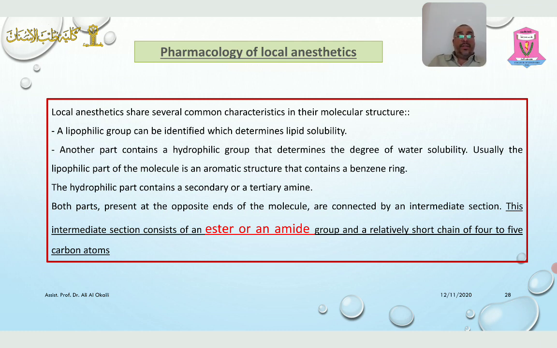Both parts present at the opposite ends of the molecule and are connected by an intermediate section. This intermediate section consists of an ester or an amide group, and a relatively short chain of 4 to 5 carbon atoms.